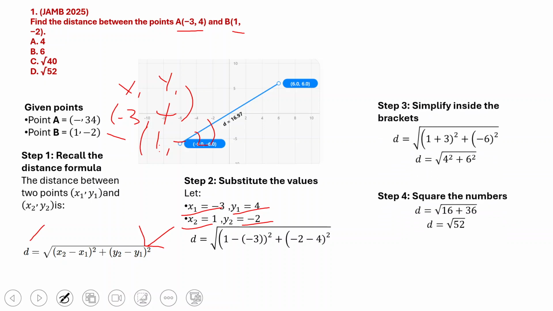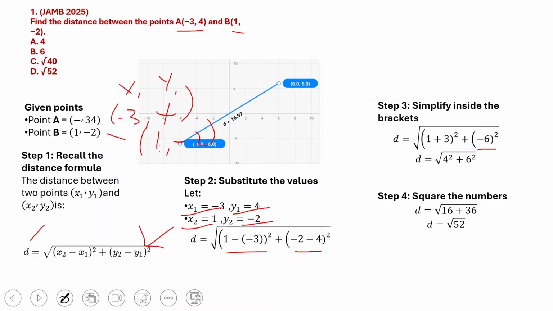So you simplify this first to give us 1 plus 3, because minus minus is plus. So I have it as 1 plus 3 all squared, then minus 2 minus 4 is minus 6. That's why we have minus 6 here.